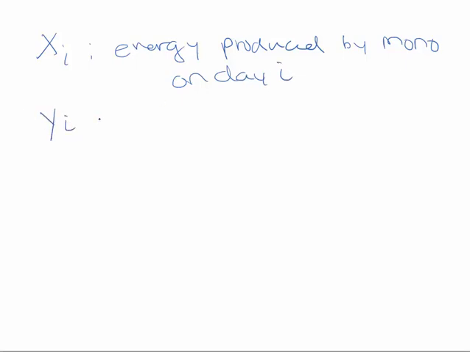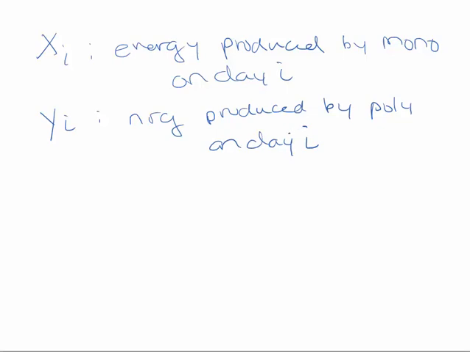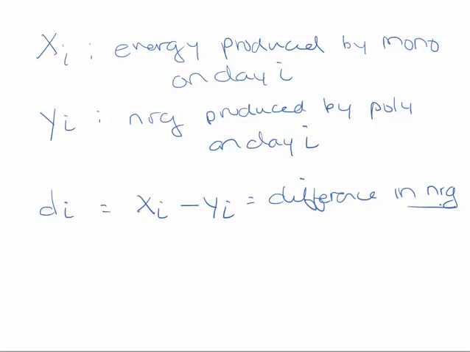Similarly, we're going to denote Y sub i as the energy produced by the poly on day i. Our difference, which we'll call d sub i, is just X sub i minus Y sub i. This is the difference in energy produced on day i.